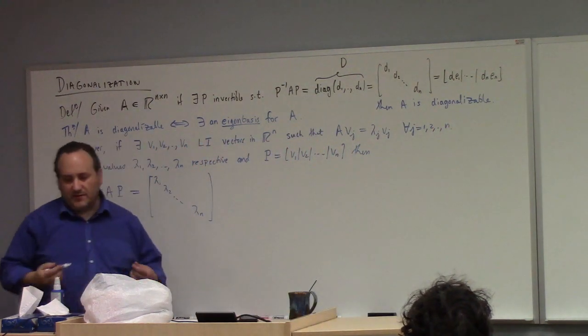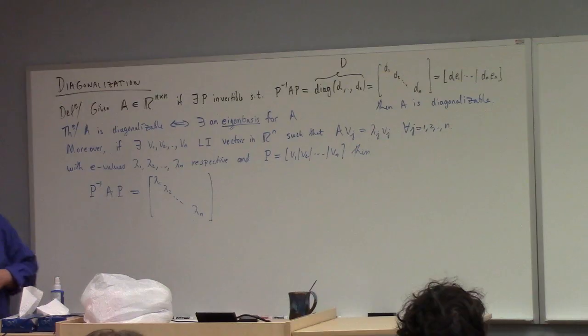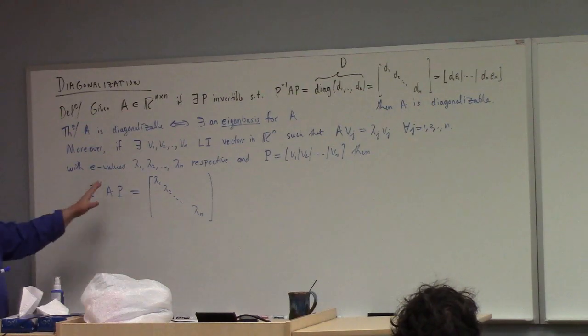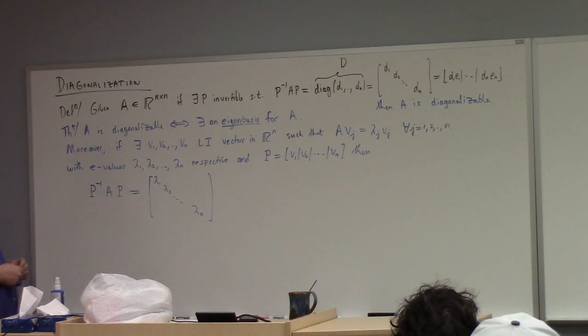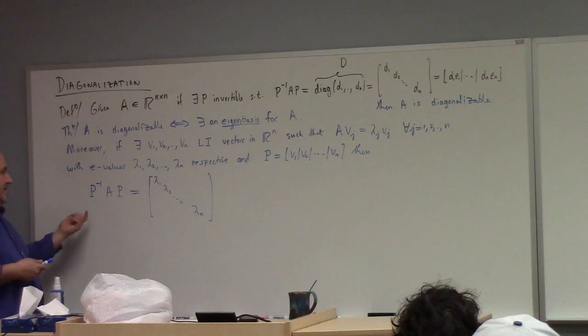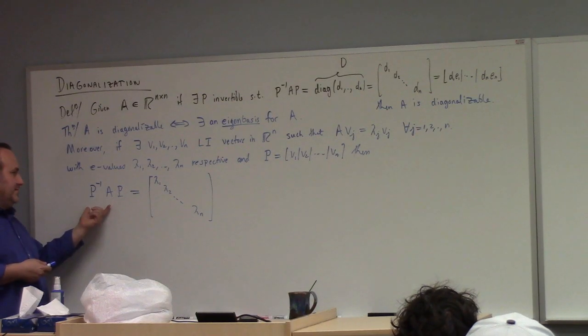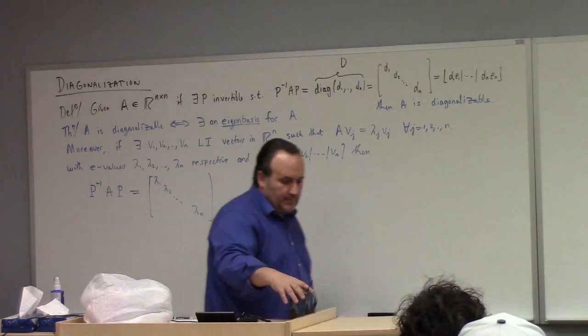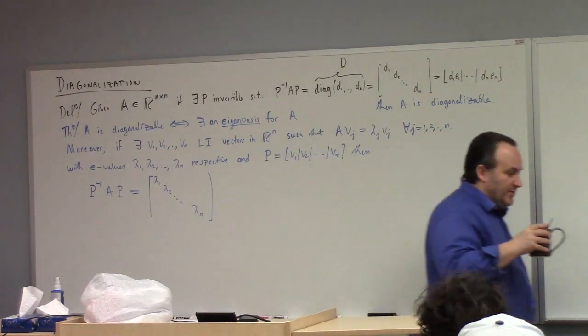So if you can find n linearly independent eigenvectors with eigenvalues lambda 1 through lambda n respectively, which could be repeated in my current formalism, then the matrix is diagonalizable, and in particular, this is its form. Any questions before I say more?